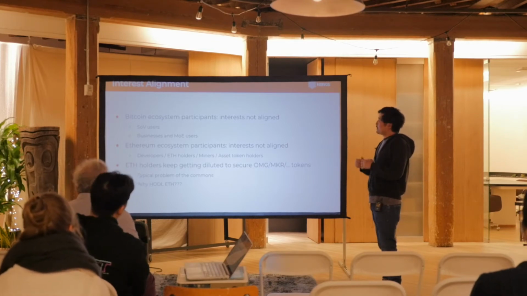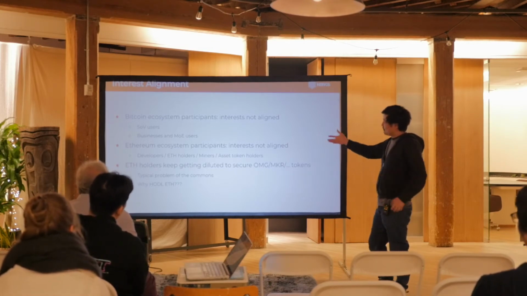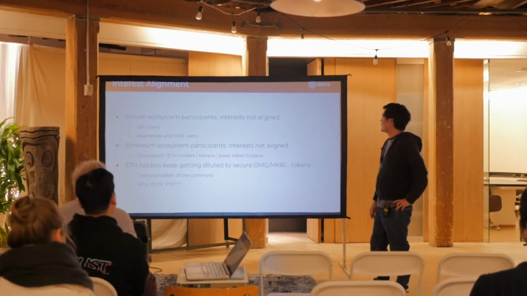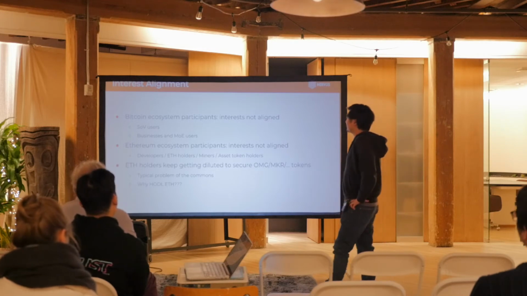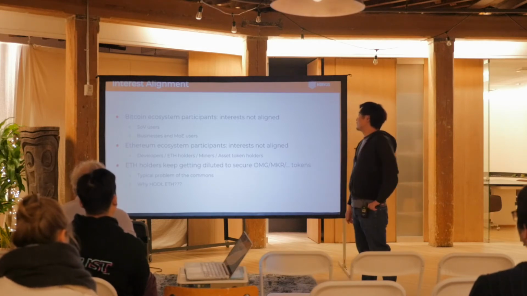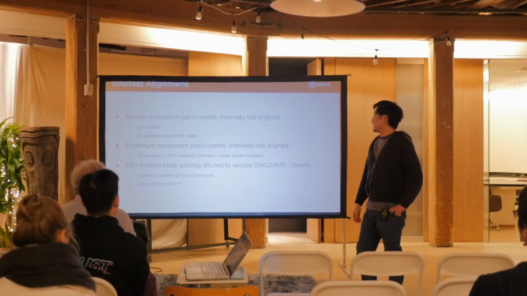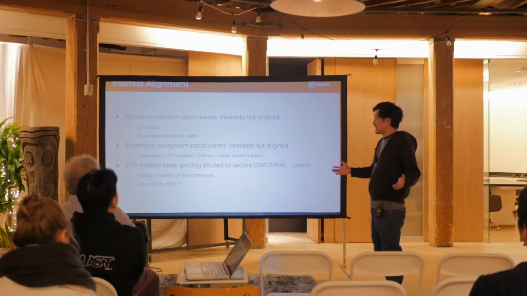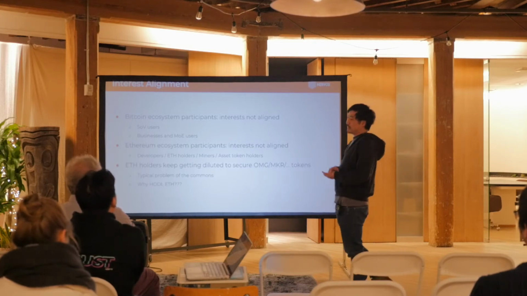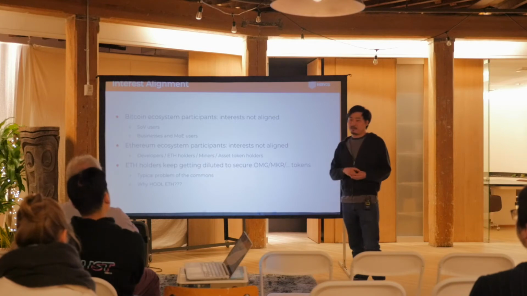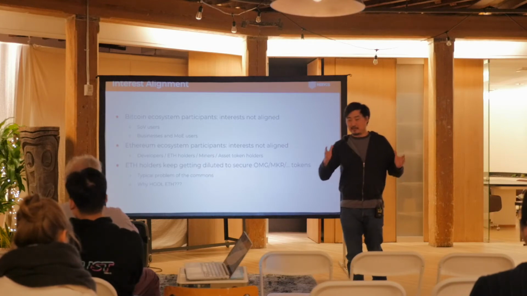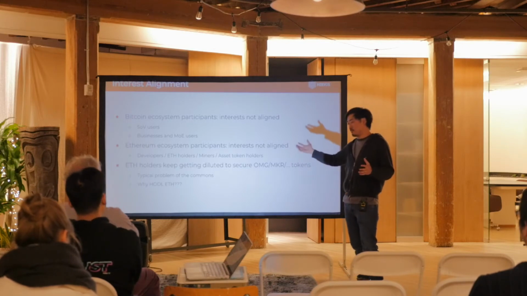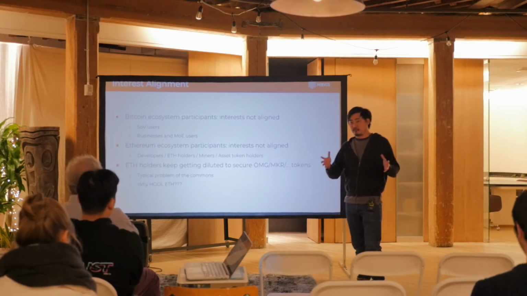So now we're moving to a new problem, which we call interest alignment, or misalignment. In the Bitcoin ecosystem, we believe the participants' interests are not aligned. This is already not a secret; there's a huge fight over it. You have store-of-value users, who want the blockchain block size to be limited, maybe smaller blocks, so that in the long term it helps the system remain secure and decentralized.